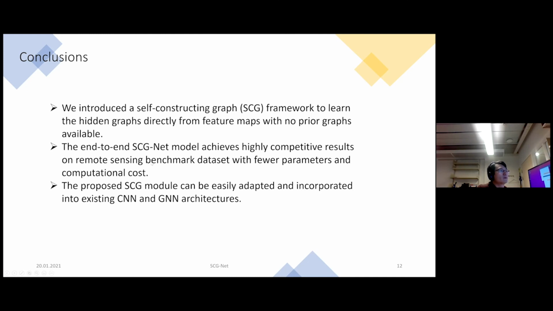And we developed an end-to-end model based on the proposed modules, which achieves very competitive results on the remote sensing datasets, but consumes very few parameters and computation cost. And also the proposed model can be easily extended and adapted into existing convolution networks and graph networks together.